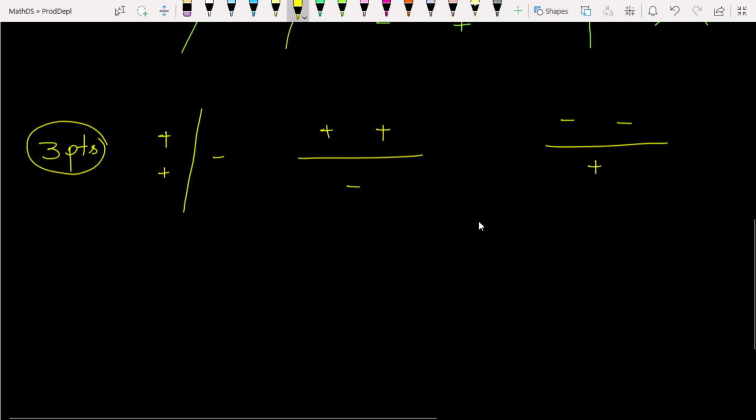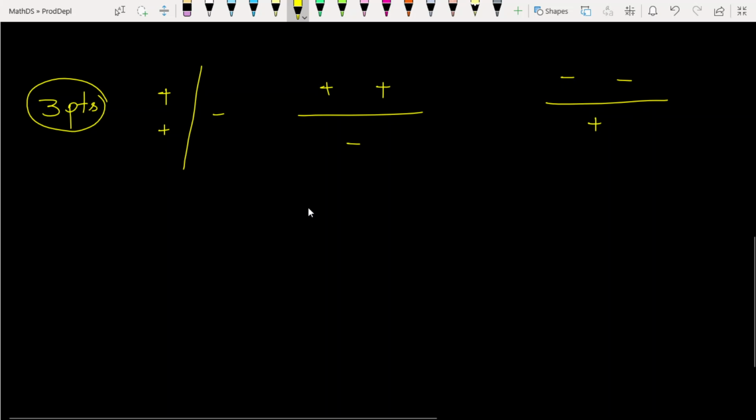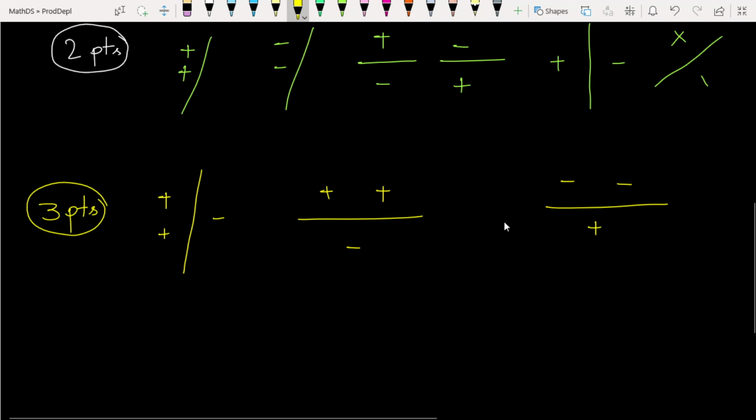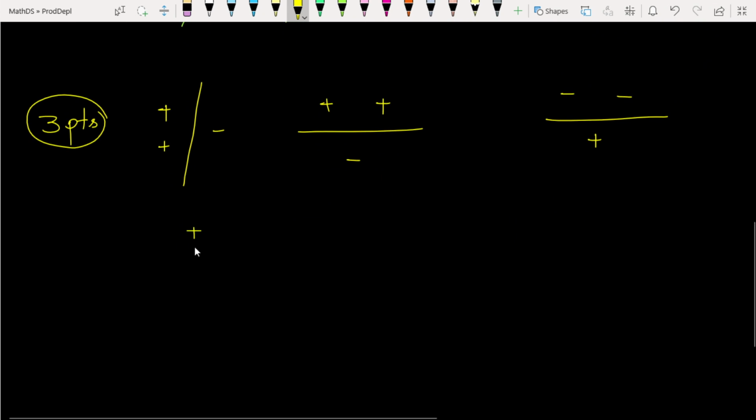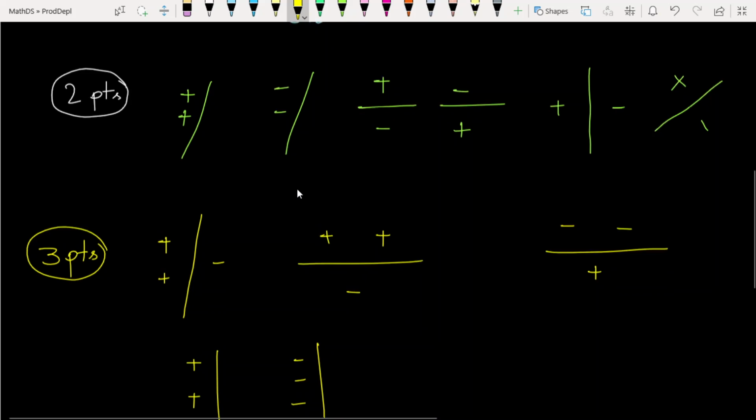If all are plus, yes, and if all are minus, yes. Any combination you can take, it is always possible to find a line or a hyperplane to separate these points. For three points, it is okay.